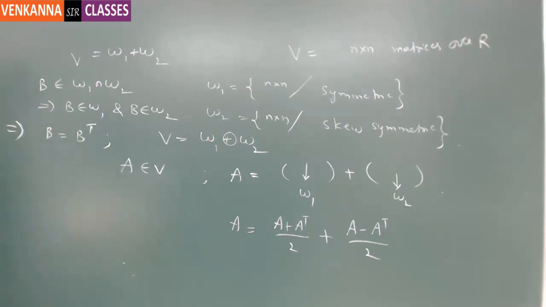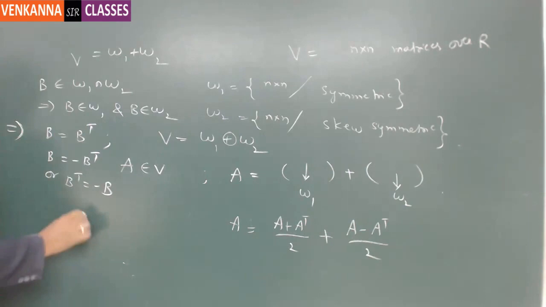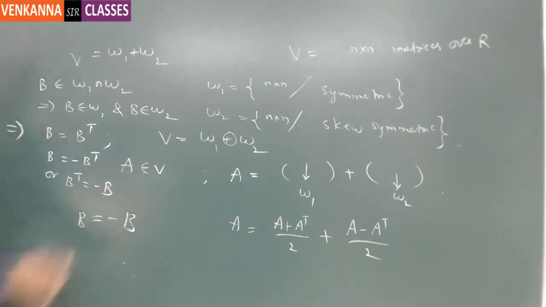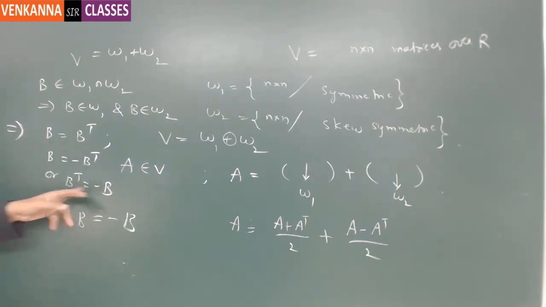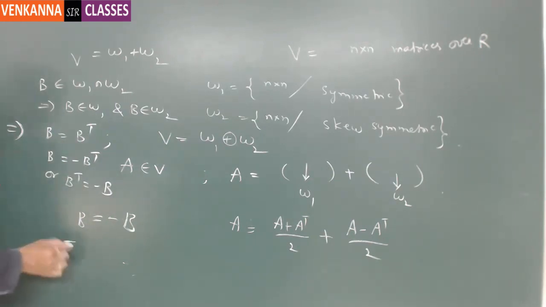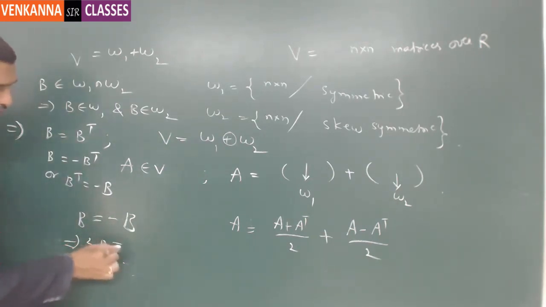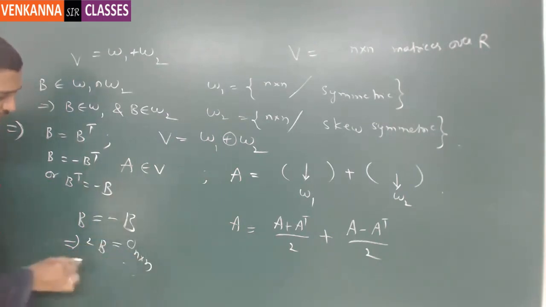Since W2 contains skew symmetric matrices, B is equal to minus B transpose, or B transpose is equal to minus B. So observing the two patterns, you can say B is equal to minus B, because here you got B transpose is equal to B, here you got B transpose is equal to minus B. So which gives that 2B is equal to the 0 matrix, which implies that B is a 0 matrix.